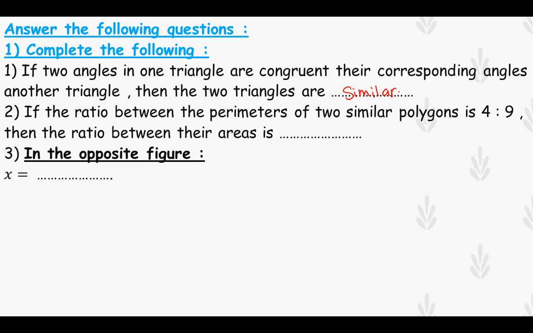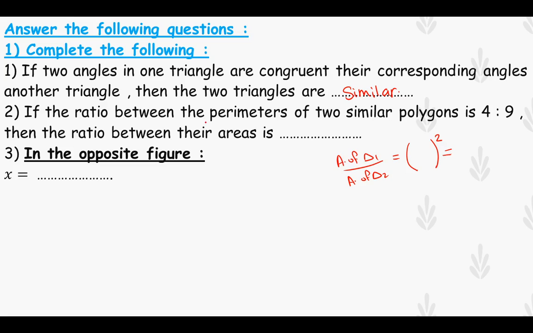Okay? If the ratio between the perimeters of two similar polygons is 4 to 9, then the ratio between their areas is, we all know that area of triangle 1 over area of triangle 2 equals the ratio between two corresponding sides power 2. And the ratio between the perimeters of triangles equals the ratio between the two corresponding sides.